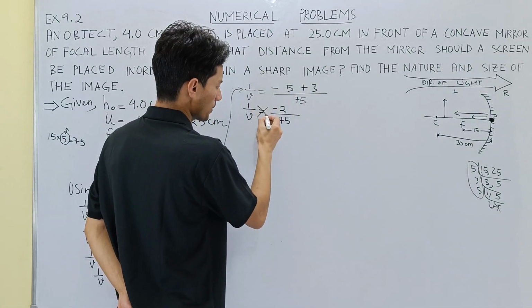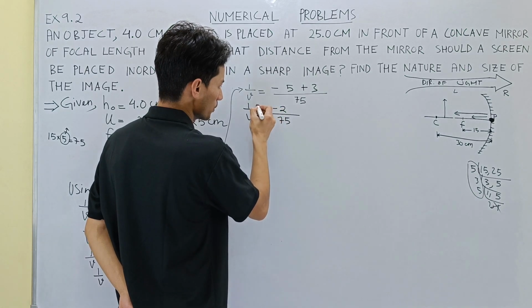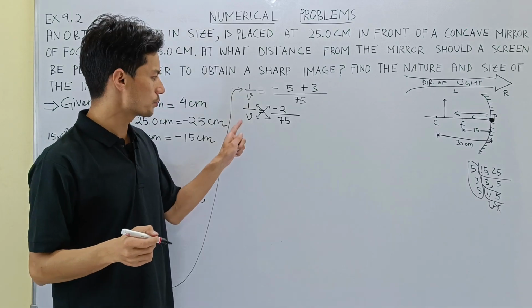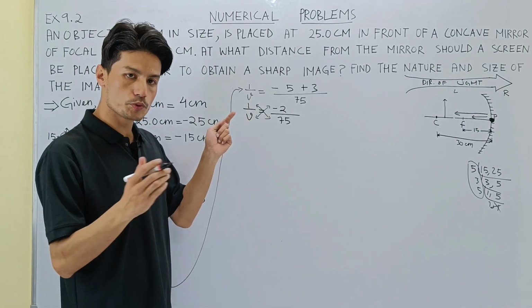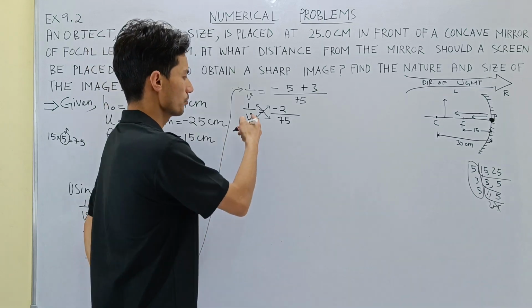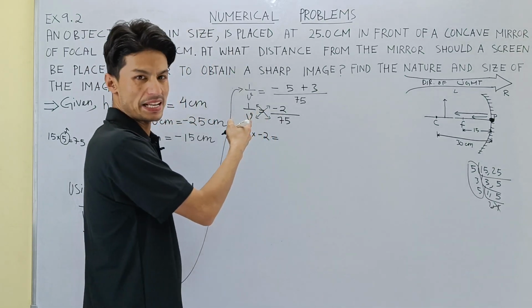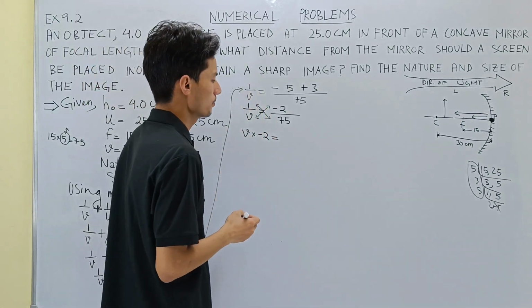Now we will do cross multiplication. Remember, this one, don't do this. This one, though, is just to help you understand, because some of you are confused with cross multiplication also. Here I am showing the arrows to help you pair them properly. So V into minus 2. If you do it, do it with pencil and erase it. In the main exam, if you write like this, you will cut and maybe there will be a mark deduction.